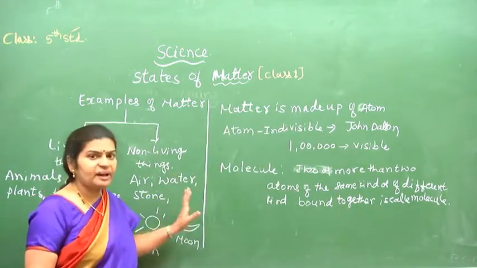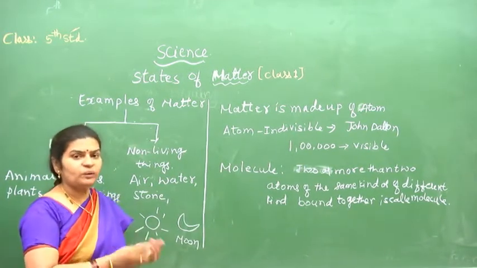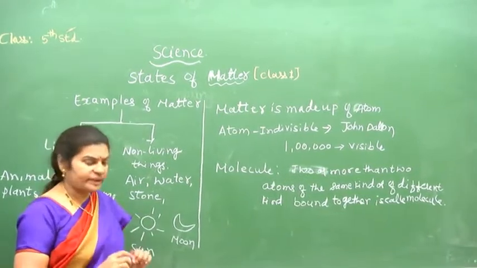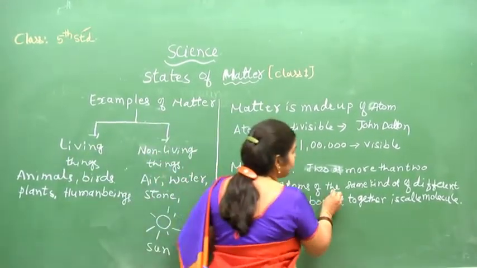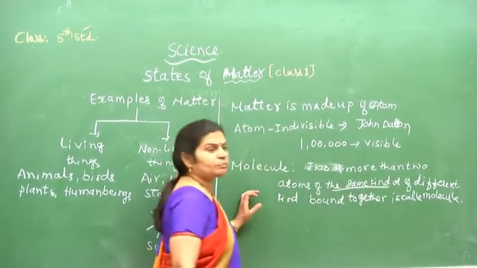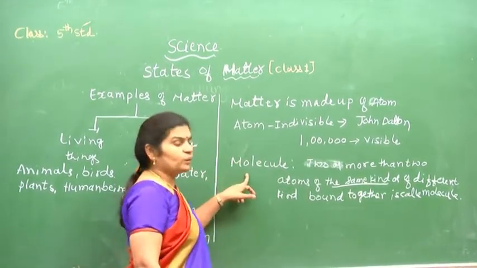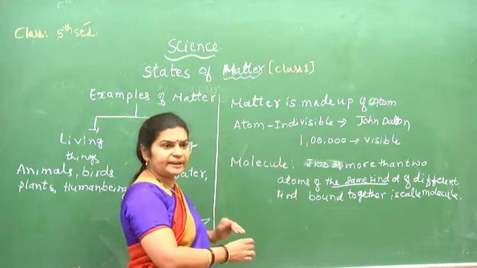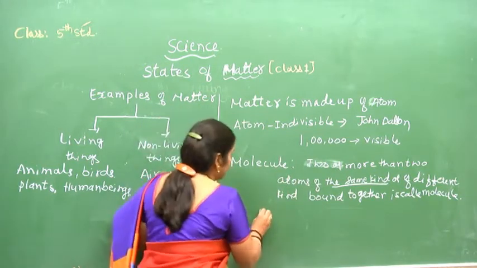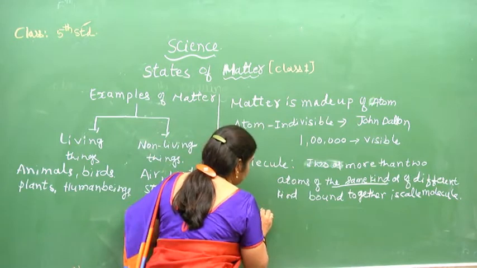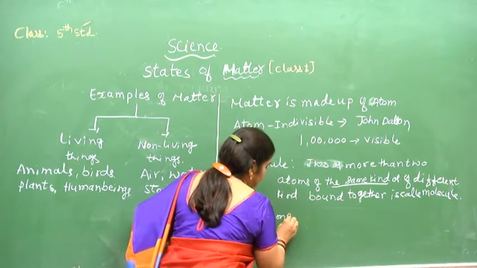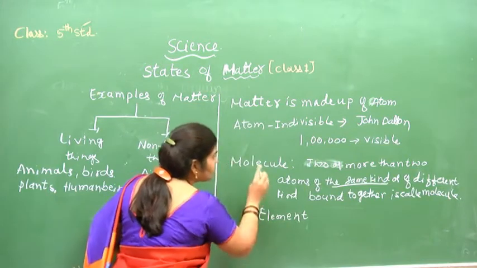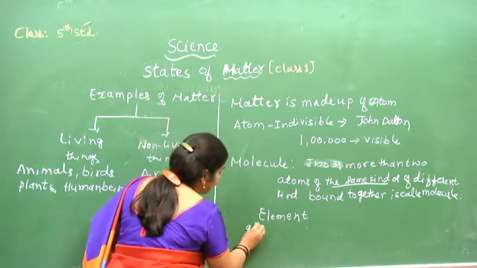And when we consider the molecule, it may be of 2 types. When a molecule contains atoms of the same kind, then it is called an element. So what will it contain? Atoms or molecules of the same kind.